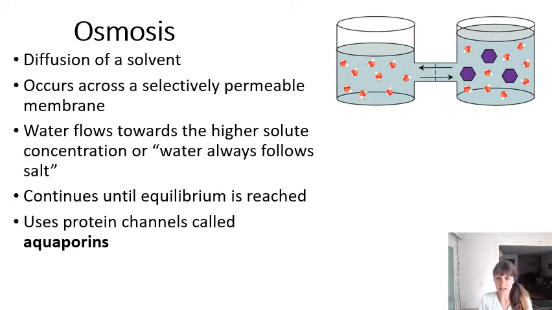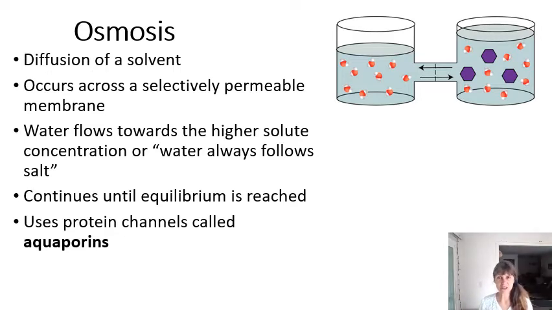Just looking at osmosis, in this case, we've got 2 beakers of water. The beaker on the left has purely water. The beaker on the right has water. If there were no purple hexagons in the beaker on the right, the water levels would be equal.